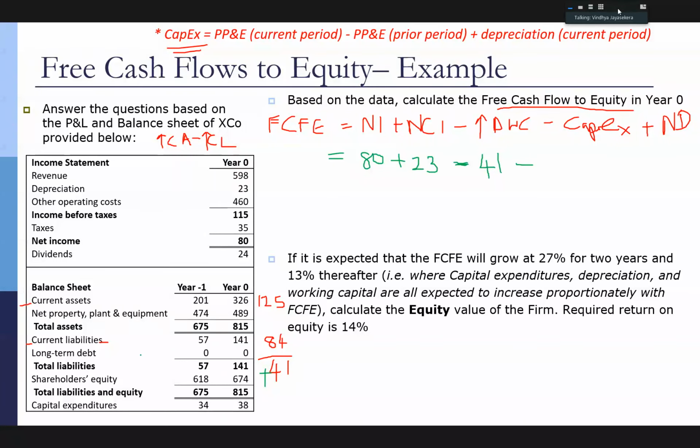Capex means the fact that I have a building, and if I purchase another building and I spend, let's say, 500 million rupees and I purchase another land, another building, right? I'm spending that money. That's what I have to reflect in my cash flow statement. So it's negative cash, right?